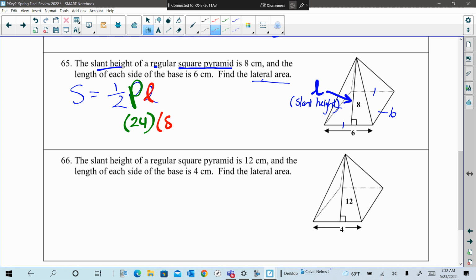That is the 8. So we're just doing half the product of those two numbers. Or if you want to think of half of the first number, which is 12, then times 8. Either way, multiplication is commutative, so order doesn't matter. So hopefully you got this already. Was it 96? Yeah, 96 centimeters squared.